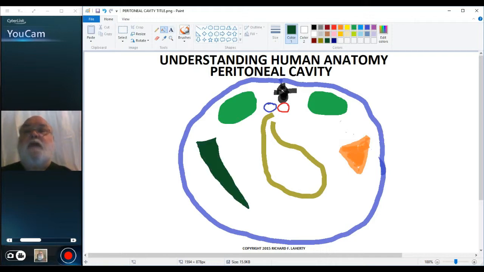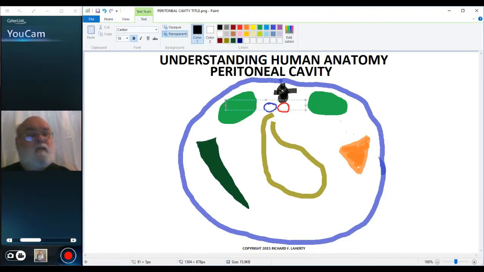So putting in some labels. We have the kidney. We have the spleen.